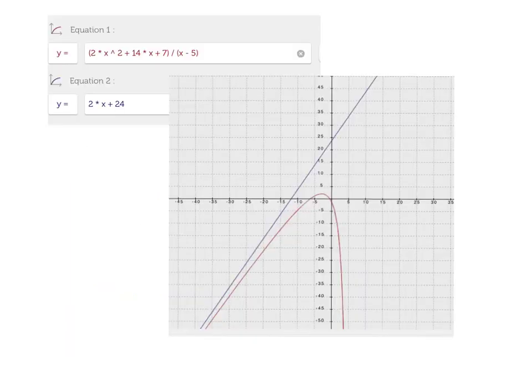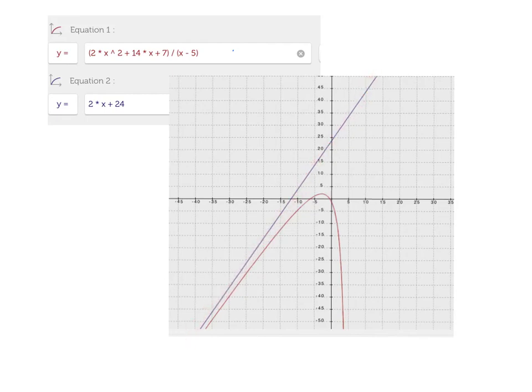So last of all, let's again take a look at our graph and see whether it matches everything we just said. What I've done here is I've graphed in red the equation that we were actually looking at, and then I graphed the oblique asymptote so you could compare it in blue. And as you can see, this red graph is coming very, very close, but it's not actually touching this blue graph.